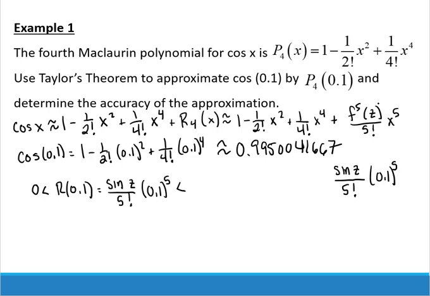I don't know why our book doesn't put absolute value signs in there; we should have absolute value signs in there. The highest value that sine takes on, no matter what, is 1. So this is going to be 0.1 to the fifth power over 5 factorial.